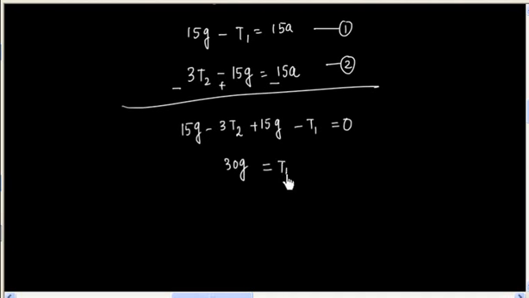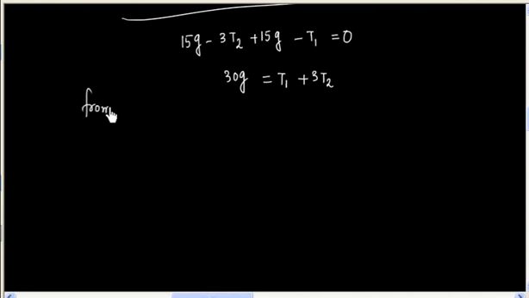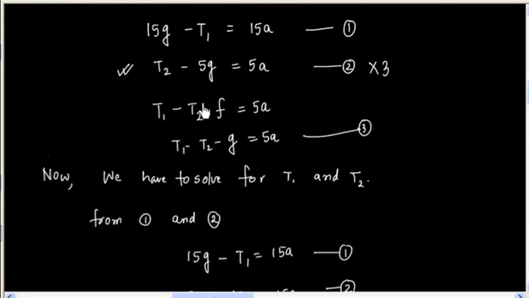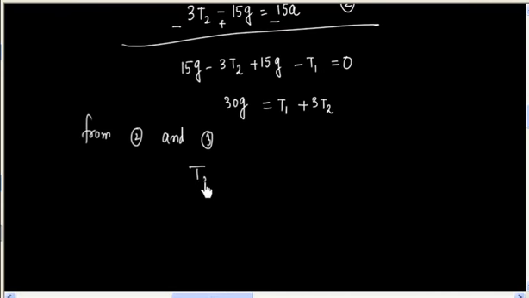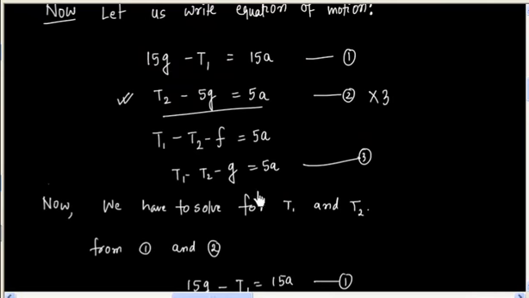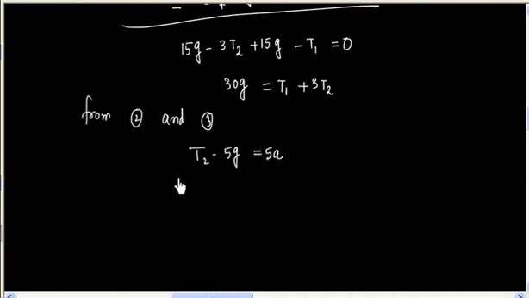So finally we will have 30g is equal to T1 plus 3T2. Now from equation 2 and 3, T1 minus T2 minus g is equal to 5a.